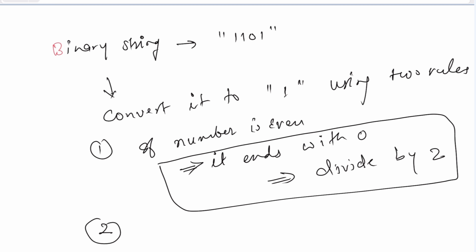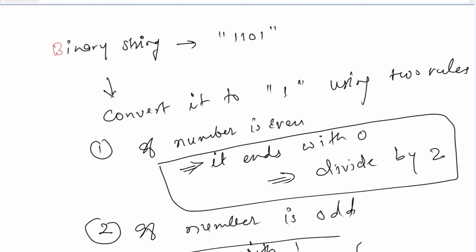Then another concept is, if the number is odd. The number is odd if and only if it ends with 1. Then we will not divide, we will add 1.